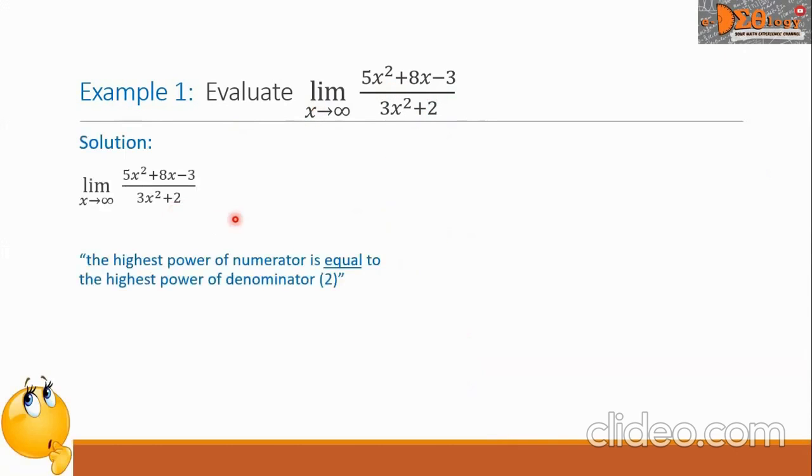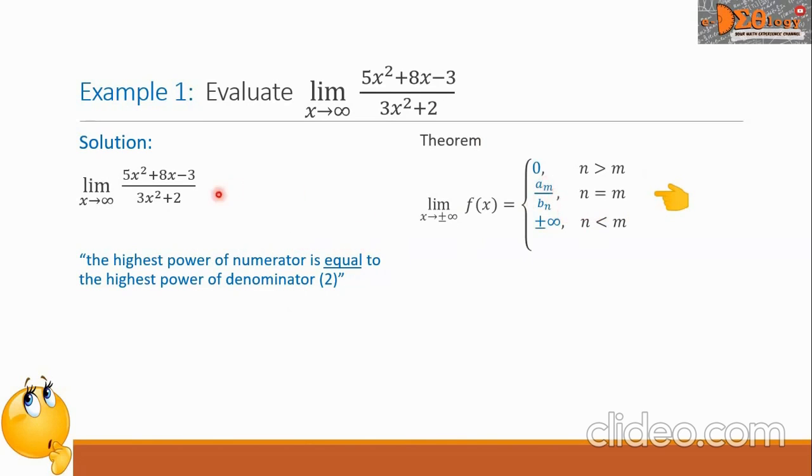Here, we take note that the highest power of the numerator is equal to the highest power of the denominator, which is 2. Writing our theorem on this side, we can see that our problem here falls on the second category. The n is equal to m.